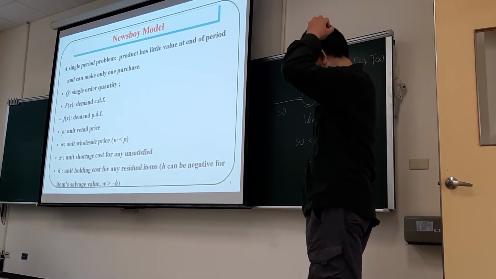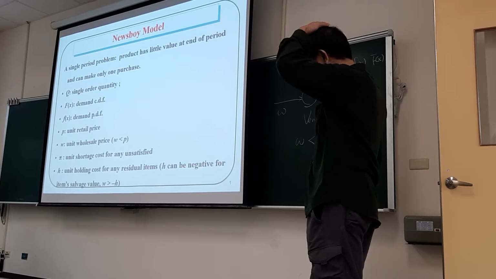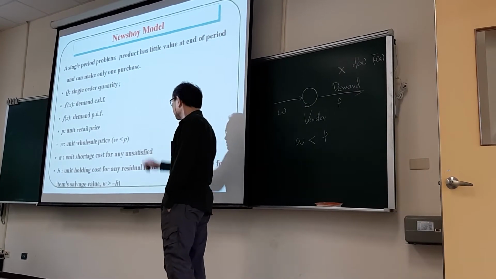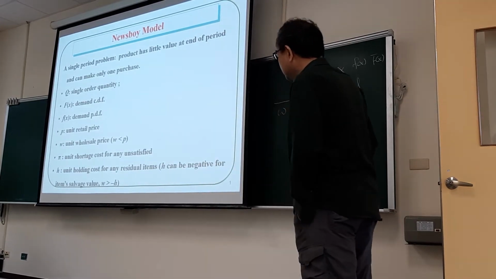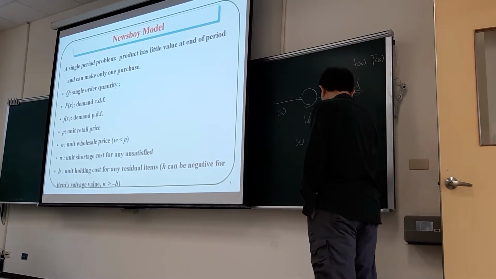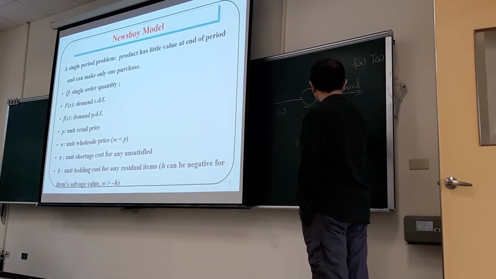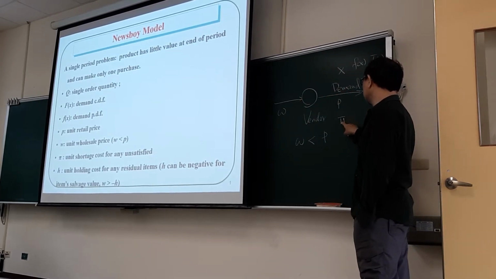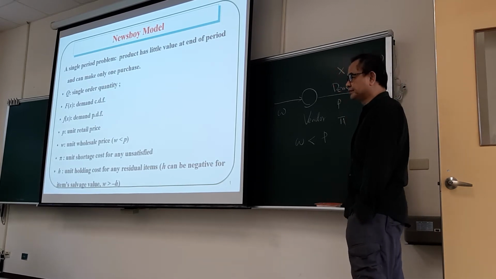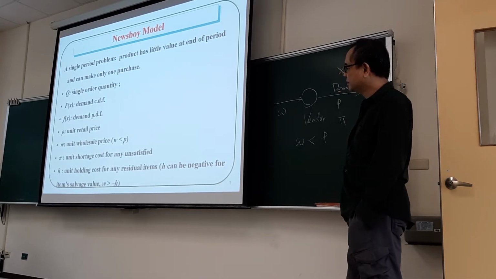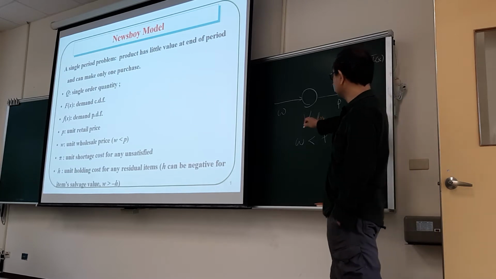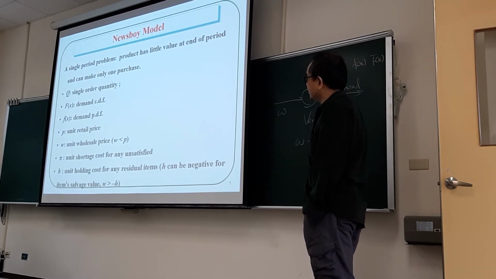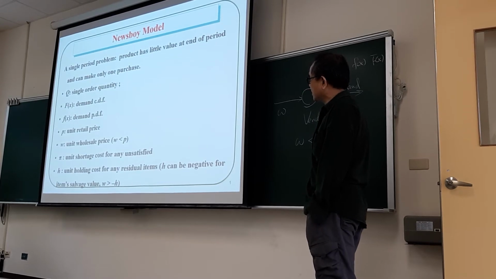The unit shortage cost for any unsatisfied demand. For this unsatisfied demand, we suffer pi. Normally we use pi to indicate the shortage cost. Wholesale price also has traditional notations.